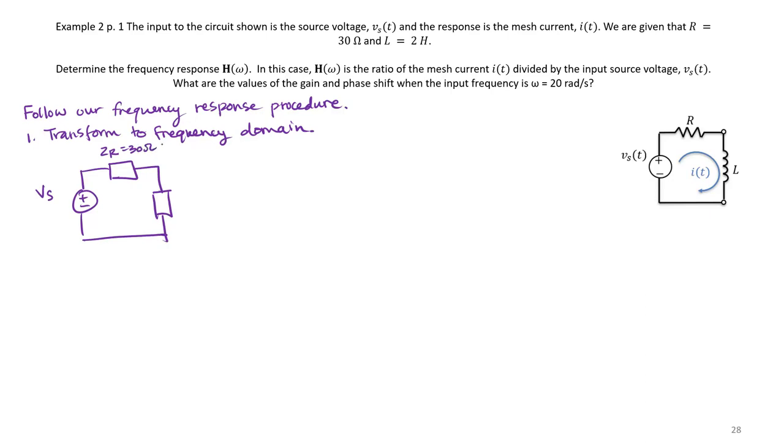And we also have our inductor L, which has a 2 Henry inductance. So we know that our impedance must be j omega L, or in this case, we substitute in L is 2 henries, so that will give us j times 2 omega. And in this case, our response is the current I going through this circuit.